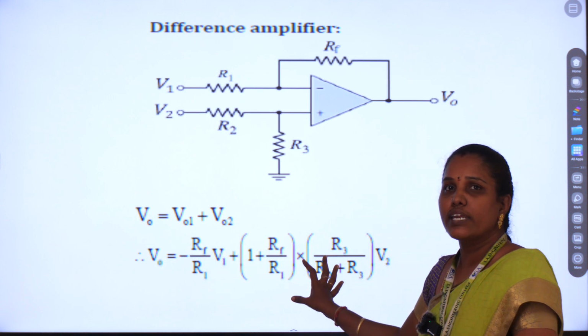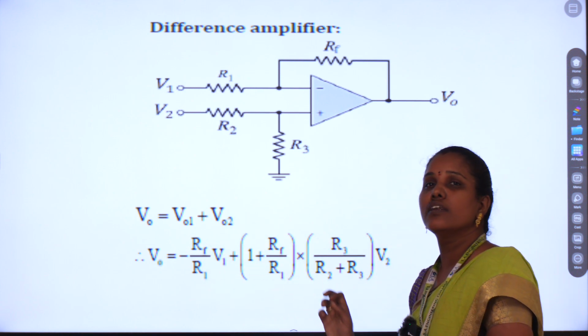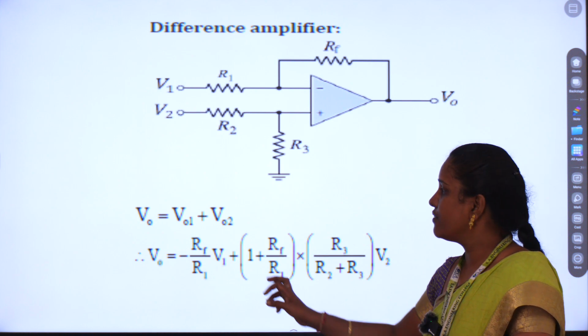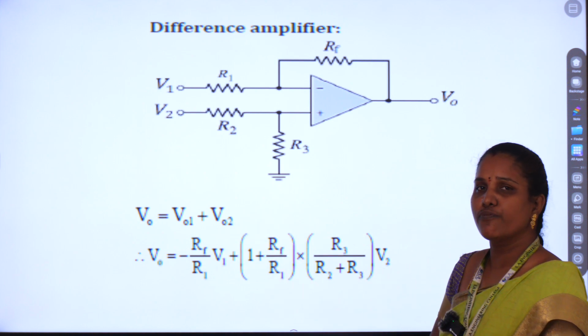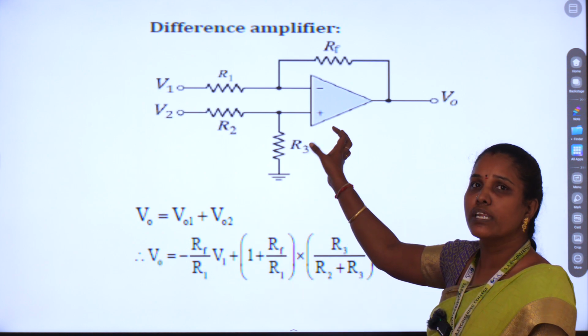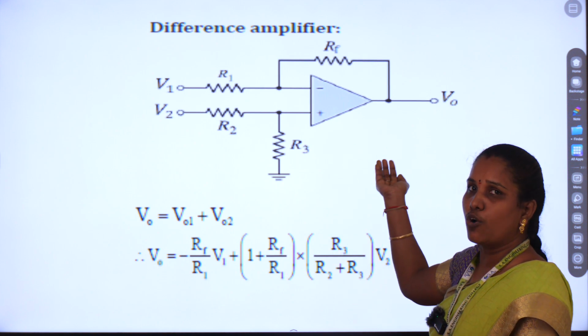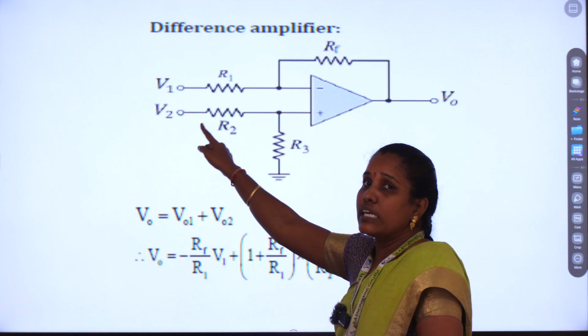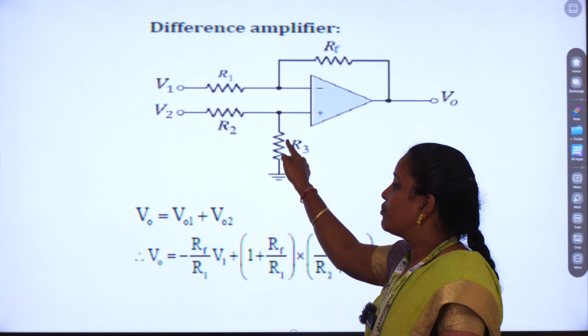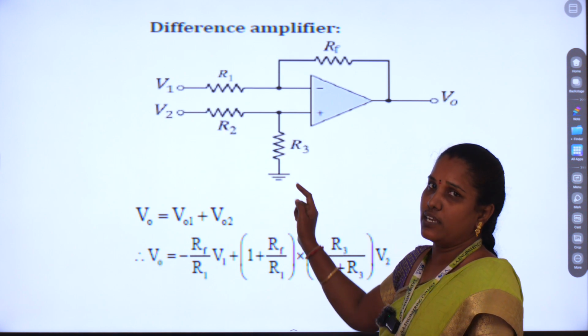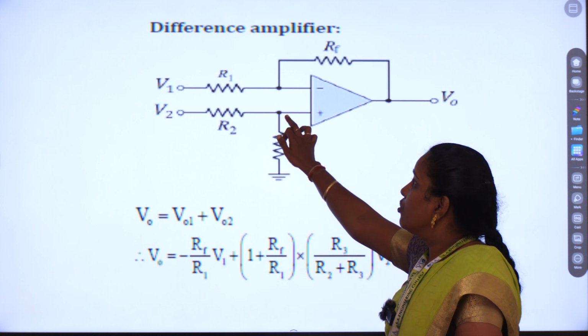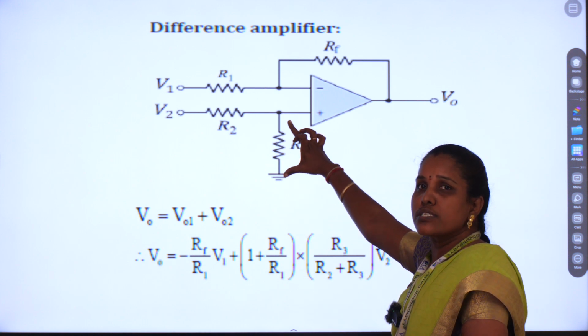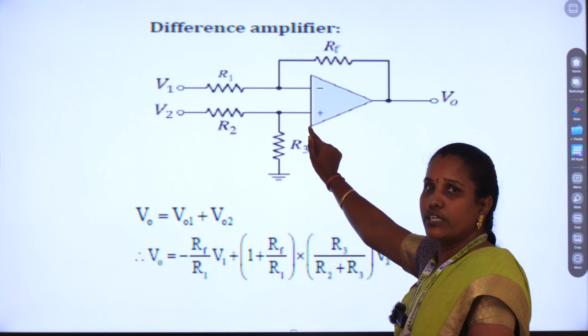Second case, you want to write down the output added with the non-inverting mode. Suppose this circuit operated in the non-inverting mode. What is that output? Here V2 is given at the R2 terminal, but a potential divider is there with R3. Keep in mind, the voltage at this node is what is given to the non-inverting terminal.